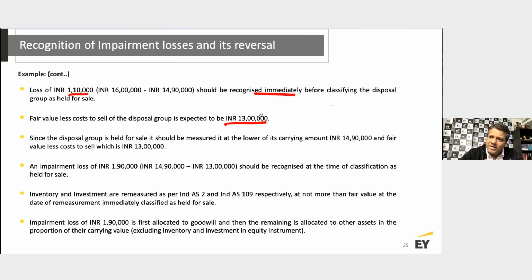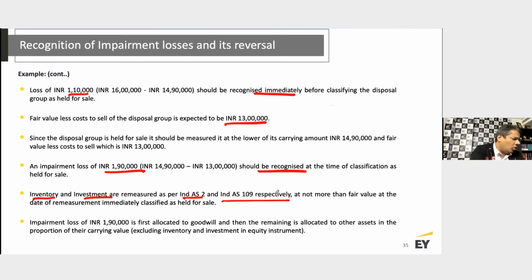The key we are trying to address is how this 1 lakh 90,000 is to be allocated to all the assets forming part of that asset group. Now, the impairment loss of additional 1 lakh 90,000 should be recognized at the time of classification as held for sale, and then subsequent depreciation and amortization will be stopped. Now, inventory and investment are measured as per Ind AS 2 and Ind AS 109 respectively, at no more than their fair value at the date of remeasurement, immediately before classification as held for sale.